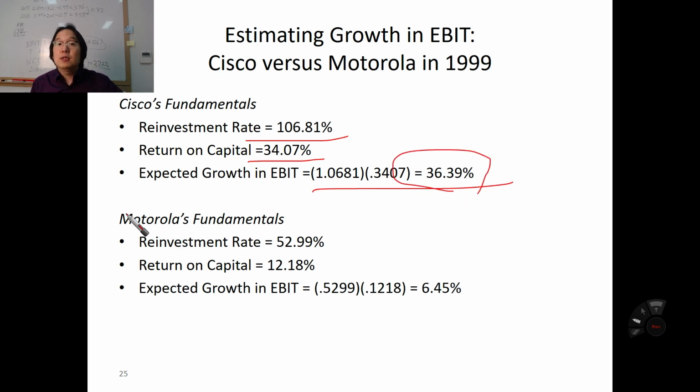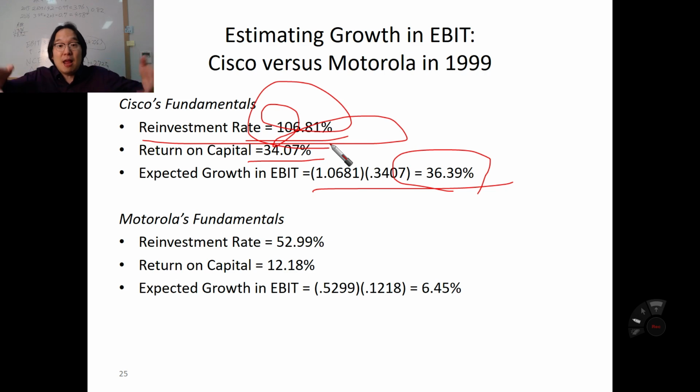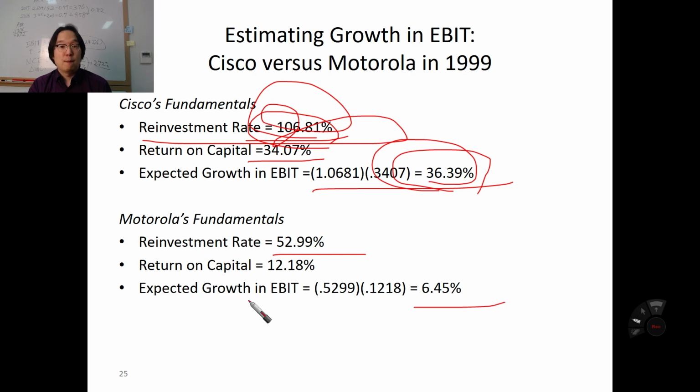High reinvestment, the intuition. High reinvestment, more than 100%. Crazy! Reinvest everything, more than what you earn in your NOPAT, which means raise capital and throw in everything over there. High reinvestment, high growth. Low reinvestment, low growth. Motorola was a cell phone company when you were born, time immemorial, I guess.